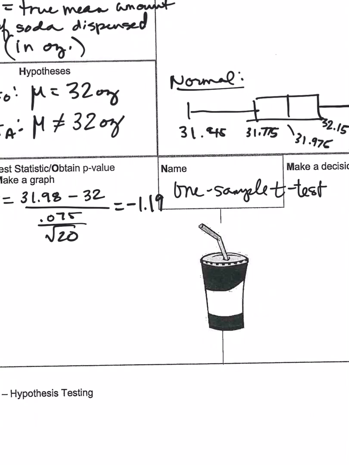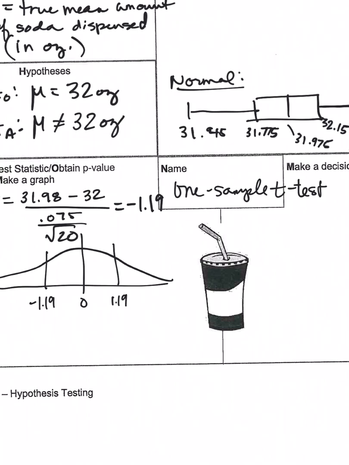So let's draw our picture. And then let's find our p-value. So if I draw my picture, and this is 0, what am I going to draw on here? Negative 1.19, 1.19. And where do I shade? To the left and to the right. Yep, shading out here. And this is N(0,1), isn't it? Are we good with this?